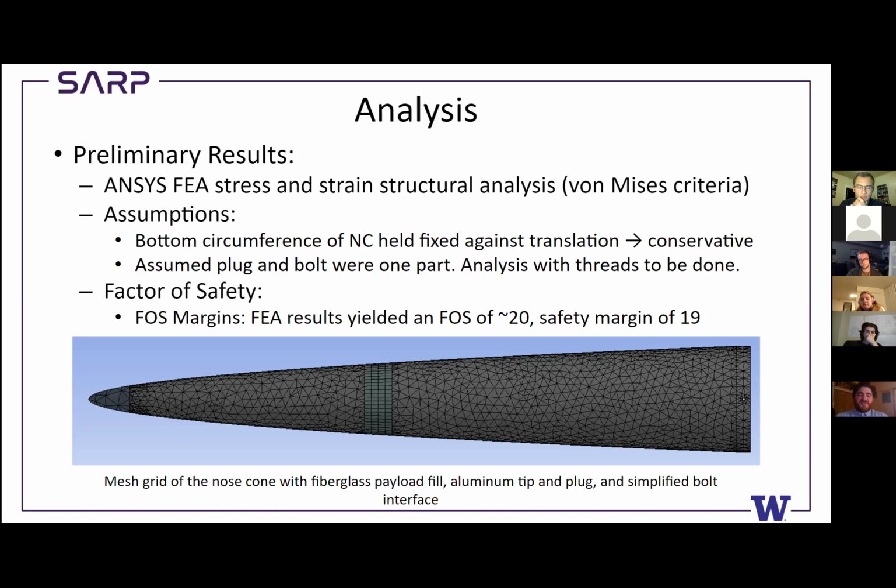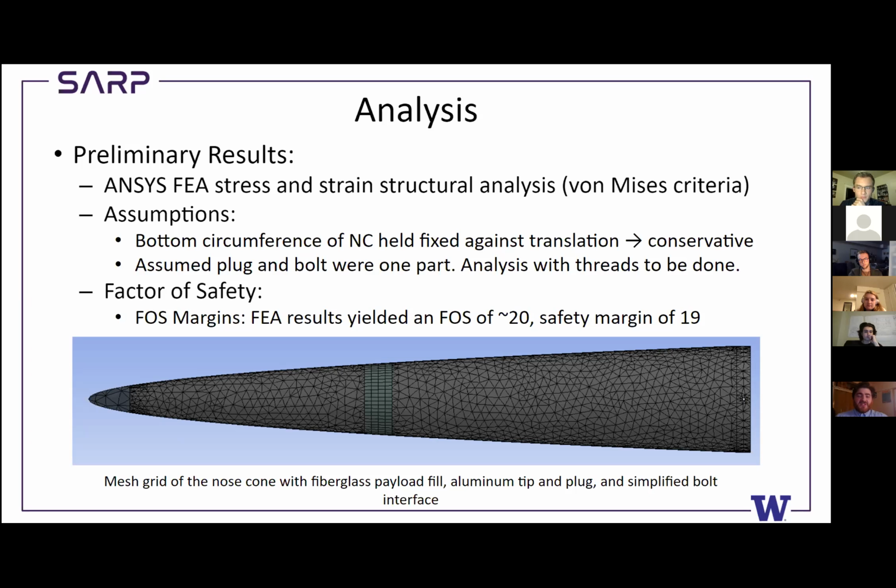This was partially for the sake of simplicity; we learned it's very difficult to model threads, or rather thread face interfaces, in Ansys. We end up reaching our node limit, so we had to simplify things for the meantime.